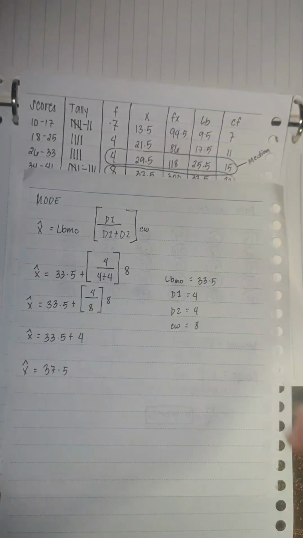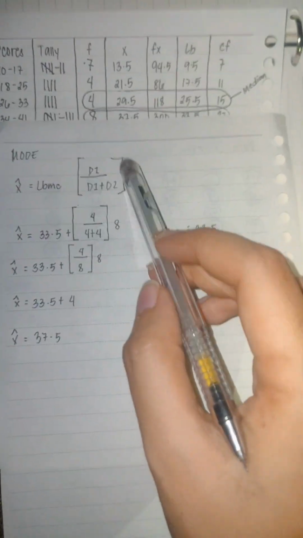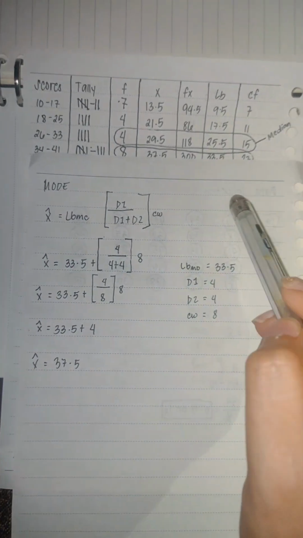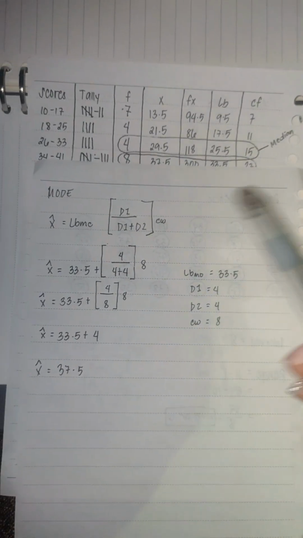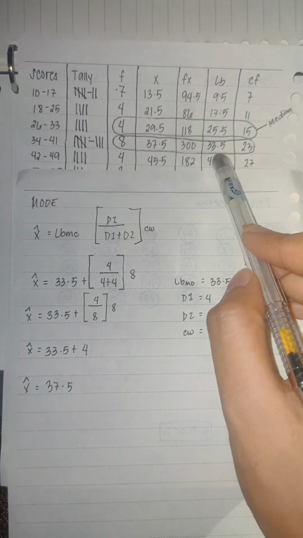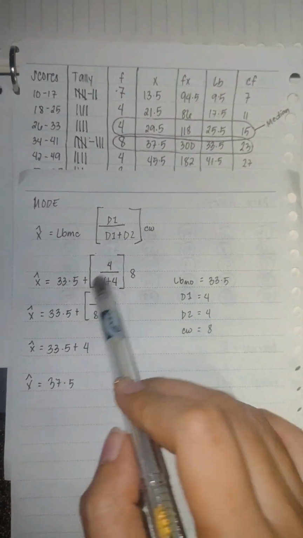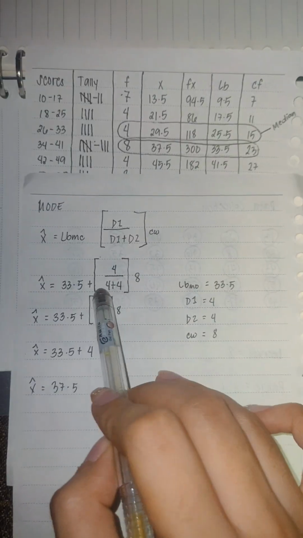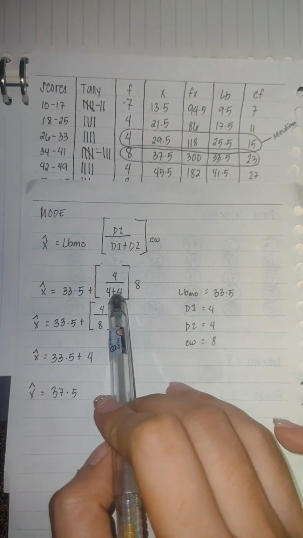So here is the formula to get the mode. The lower boundary of the modal class is 33.5, and then D1 over D1 plus D2.